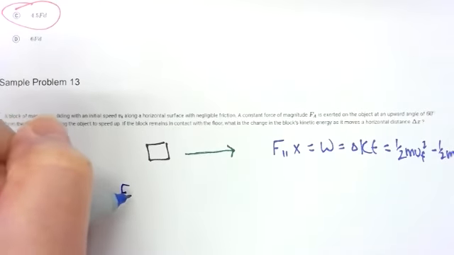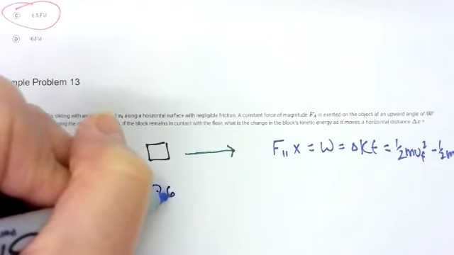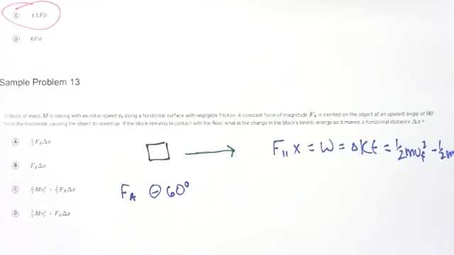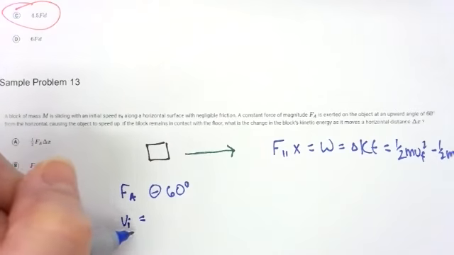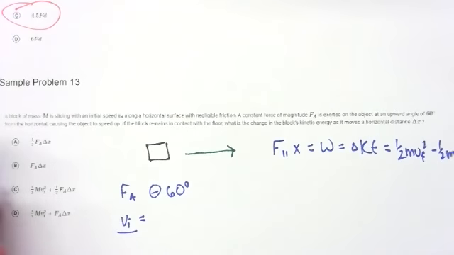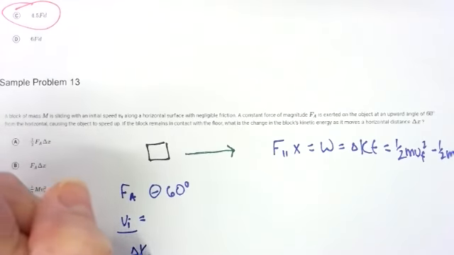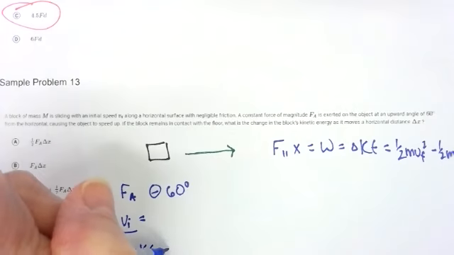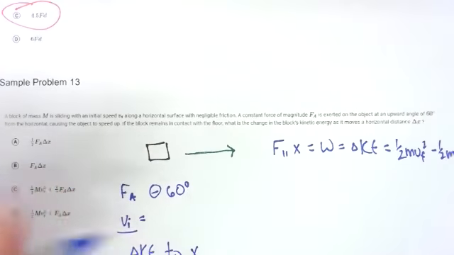We have FA, it has theta of 60 degrees. V initial is just VI. And we want to know what is the change in the block's kinetic energy as it moves. So we want to know delta KE as it relates to x.